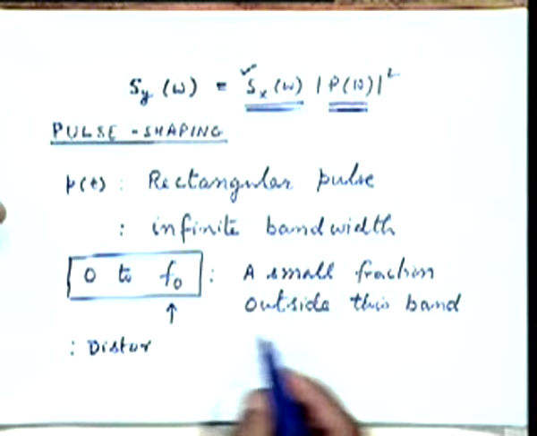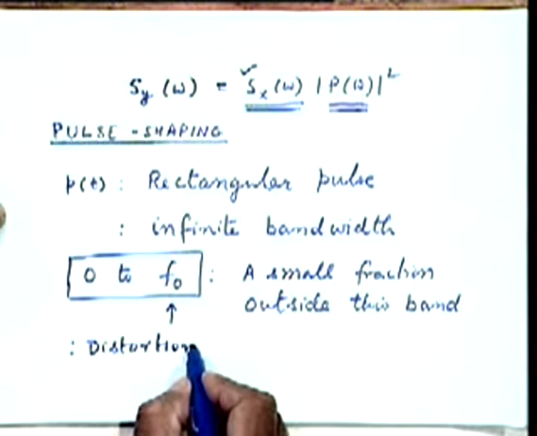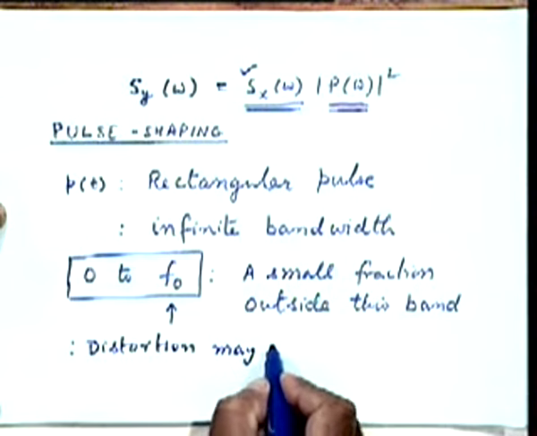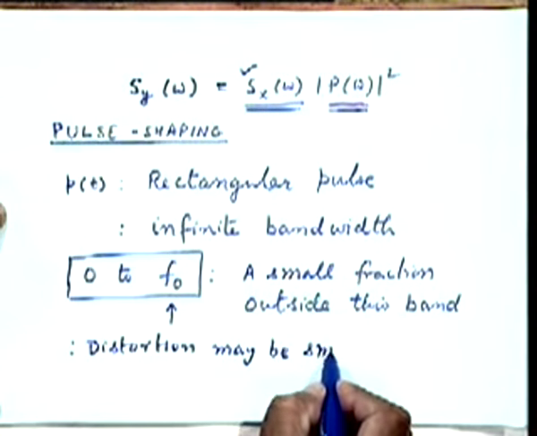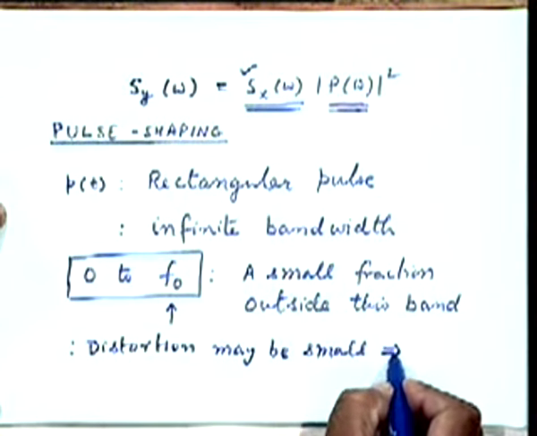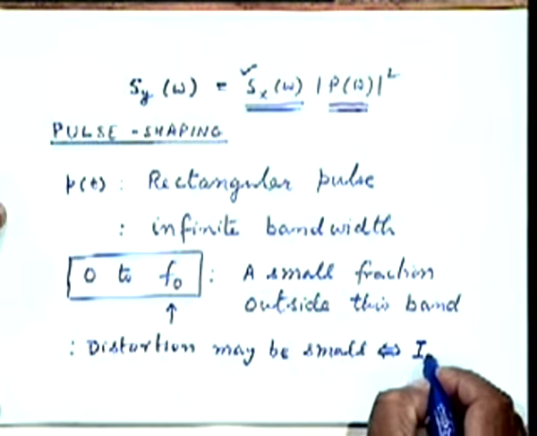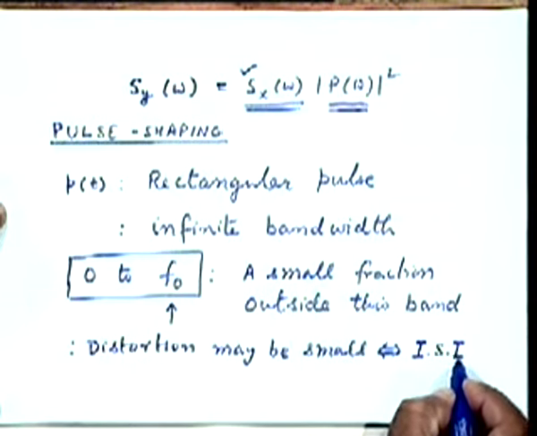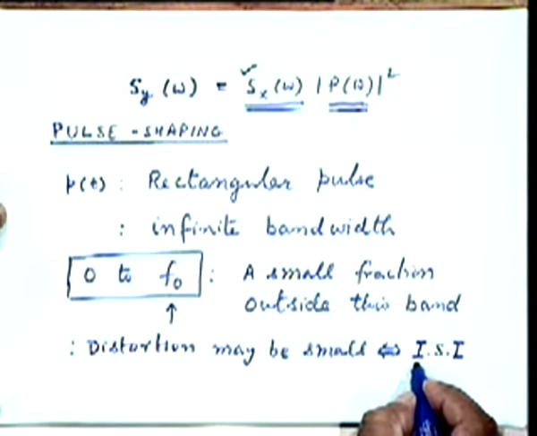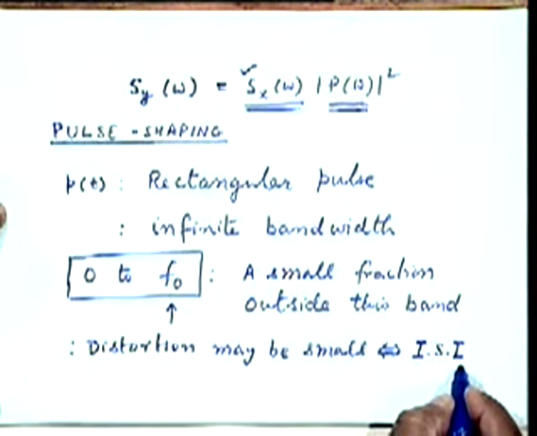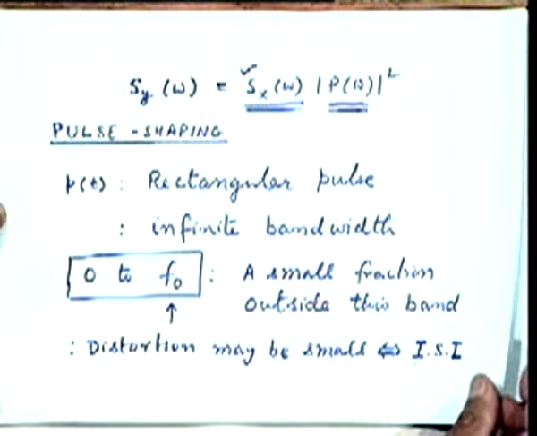This distortion, even though it may be small, can introduce a very severe problem for us in the form of ISI, this is an abbreviation I am using for inter-symbol interference. Okay, let's talk about this a little more.